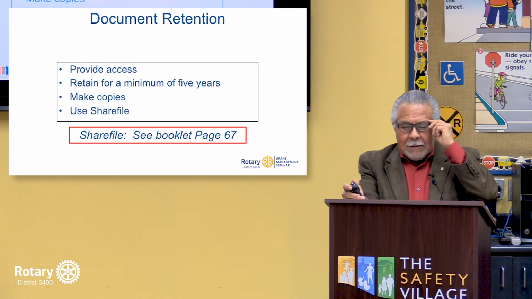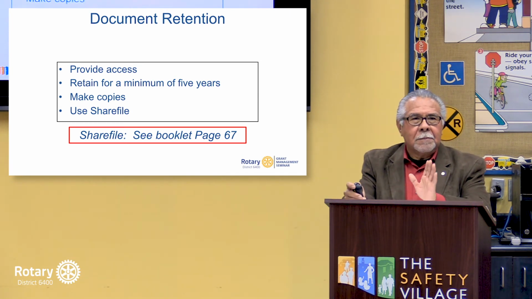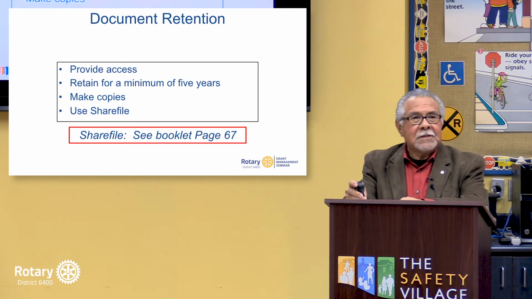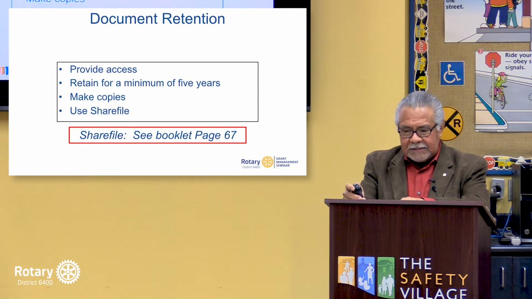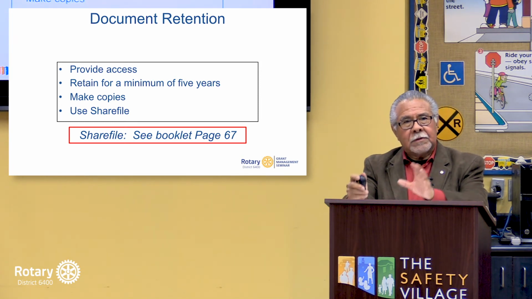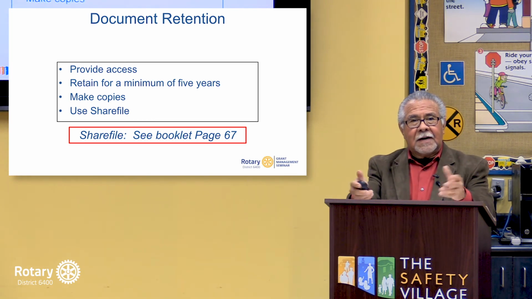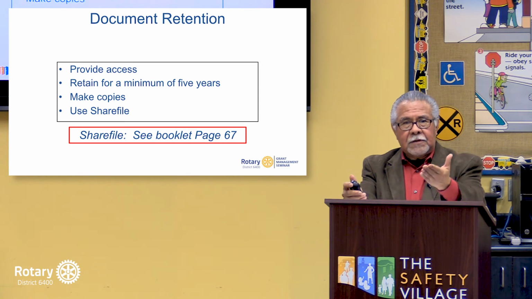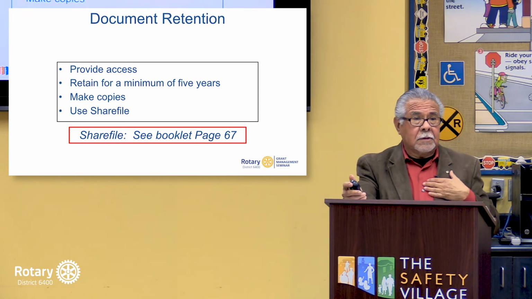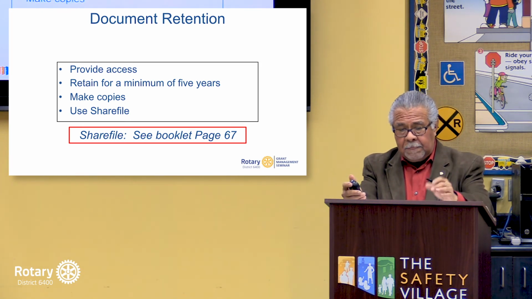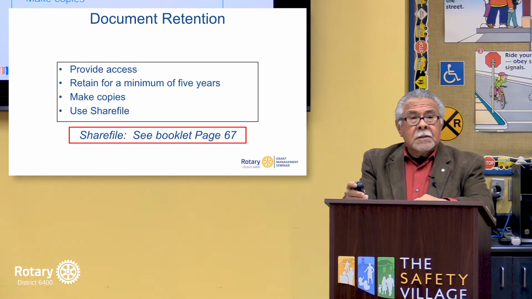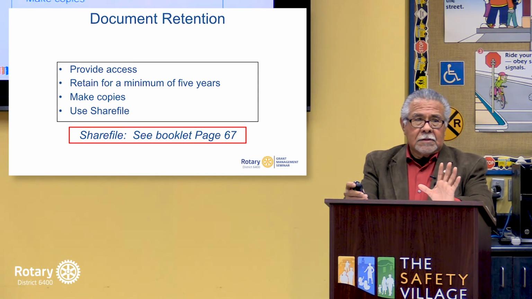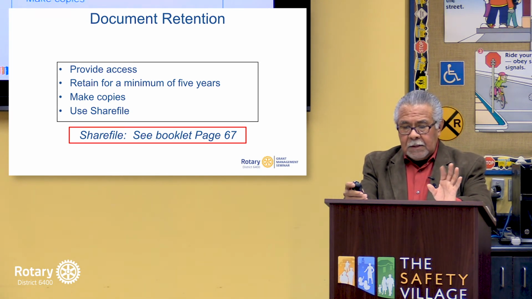Document retention. You must provide access on all documents, especially to your club and district. Whether that's in some sort of share file, some sort of file that the club can look at and view, and of course the district wants access to that as well. The documents have to be retained for a minimum of 5 years, 5-year minimum.